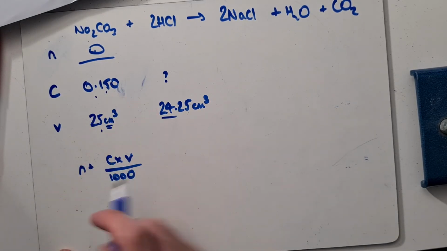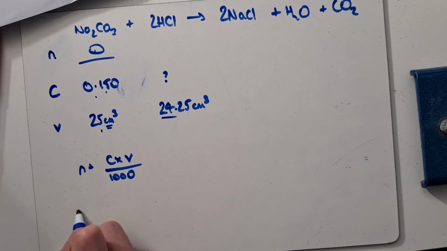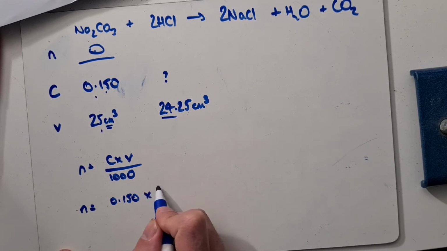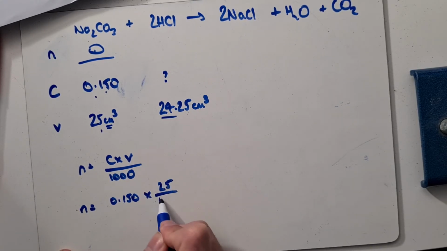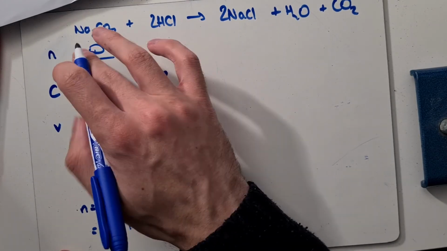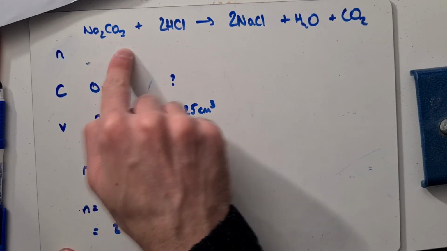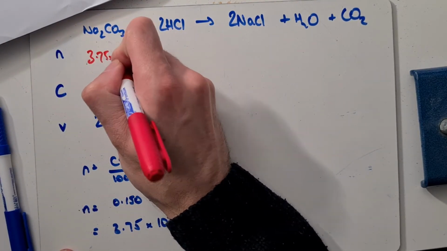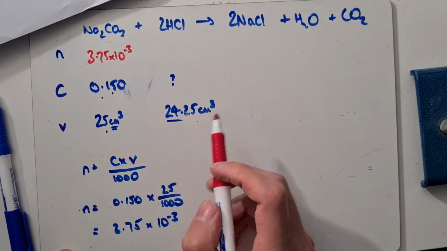So n equals 0.150 times 25 divided by 1,000, which will give you 3.75 times 10 to the minus 3 moles. So up here on my table, number 1, goes 3.75 times 10 to the minus 3.